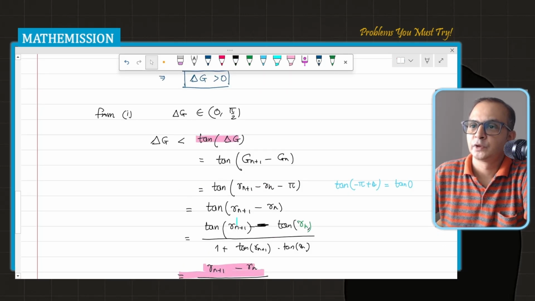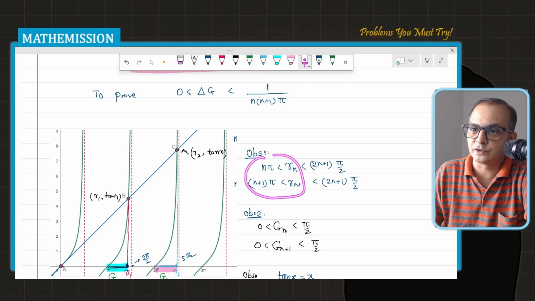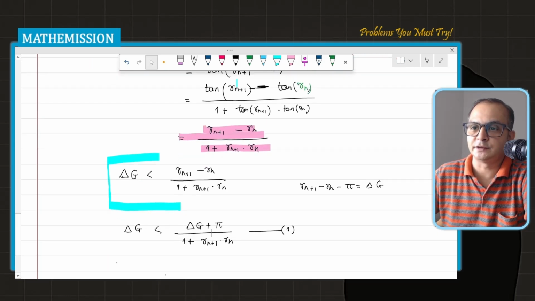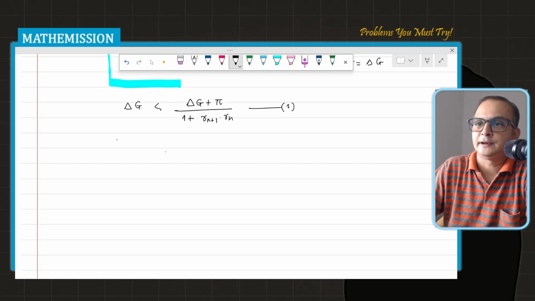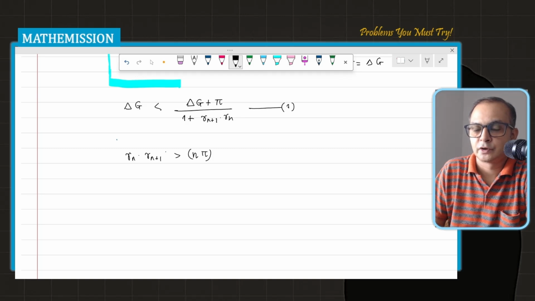So what do we do? Let's observe this. From here we can see r_n is greater than nπ and r_{n+1} is also greater than (n+1)π. So we multiply them, and what we get together is that r_n into r_{n+1} is greater than nπ into (n+1)π.